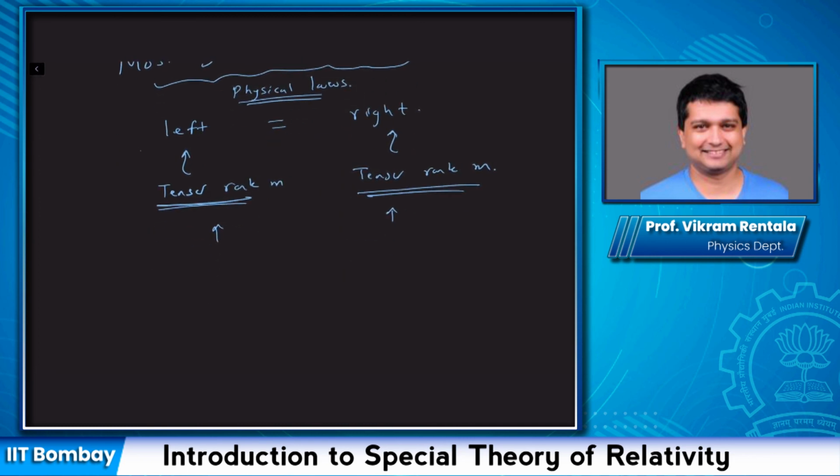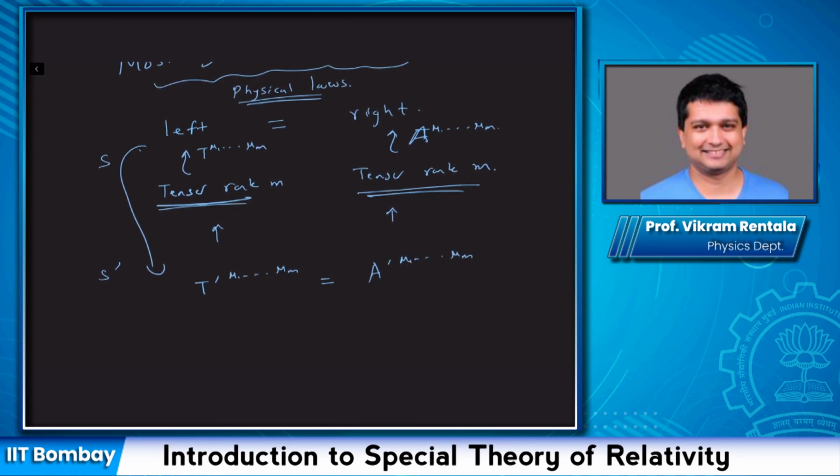So if I were to transform this law from frame S to frame S prime, suppose it looks like T mu1 through mu m, where T is some tensor, equals A mu1 through mu m. The law in a different reference frame would look like T prime mu1 through mu m, where this is the tensor transformation of the original tensor, and A would look like A prime mu1 through mu m.